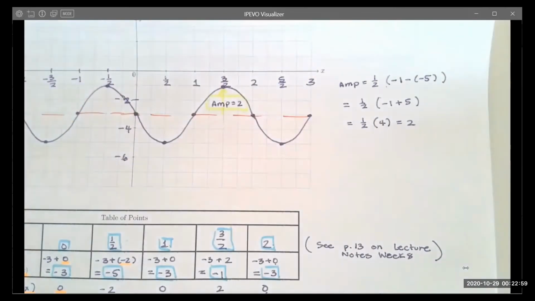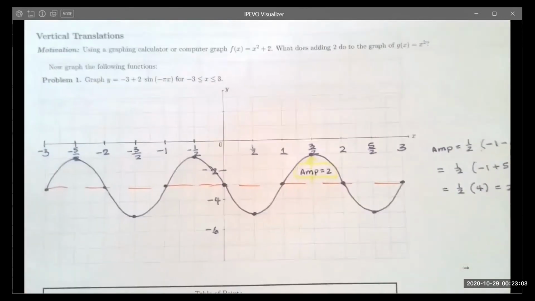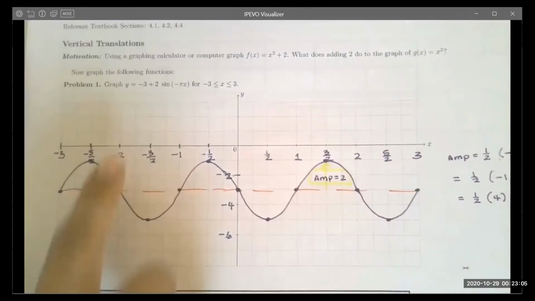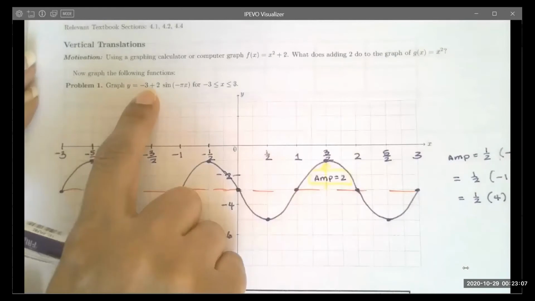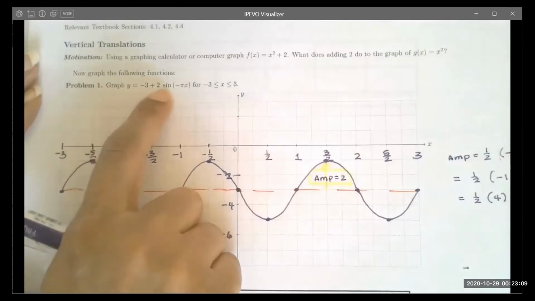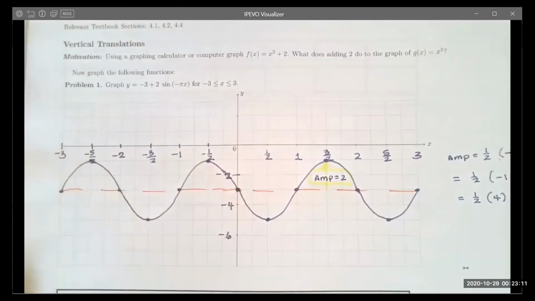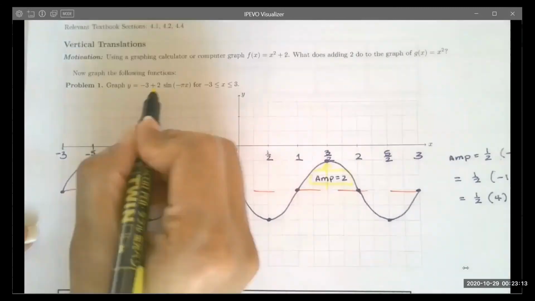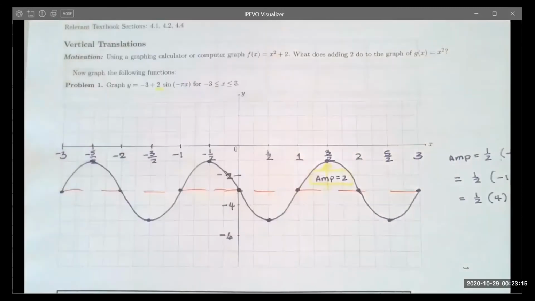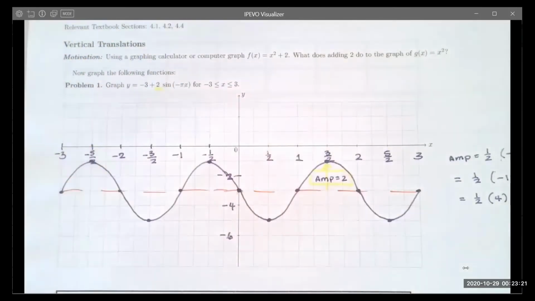And that's not the only reason why that makes sense, but also if you take a look at the original equation, we have y equals negative 3 plus 2 times sine of negative πx. So this number is the coefficient of sine, which also determines what the amplitude is going to be. So we see that amplitude of 2.